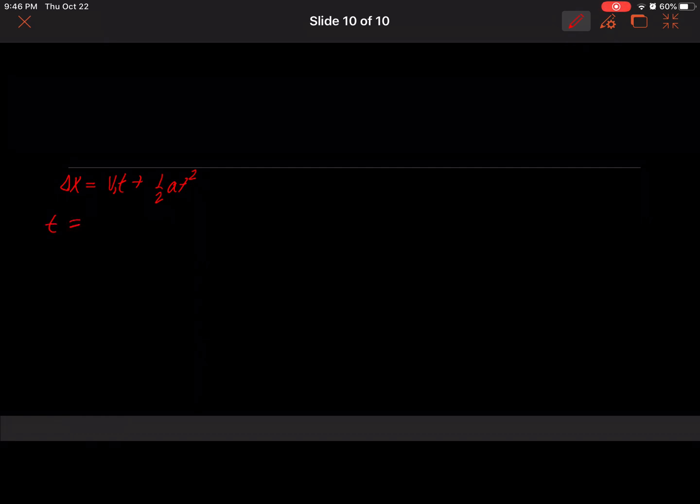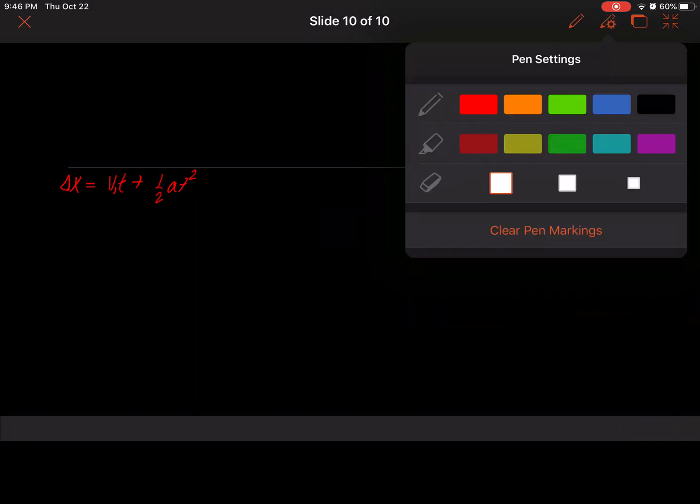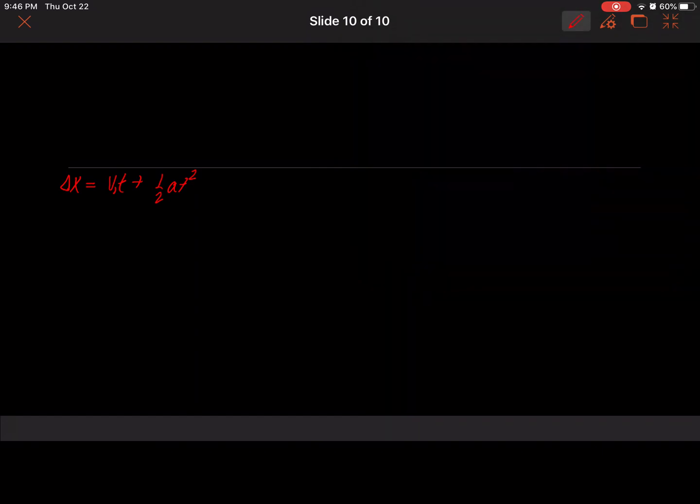If you remember, acceleration equals v2 minus v1 over t, correct? So now we just solve for time and see the magic that happens.